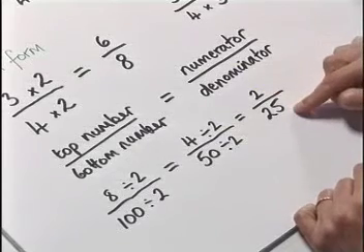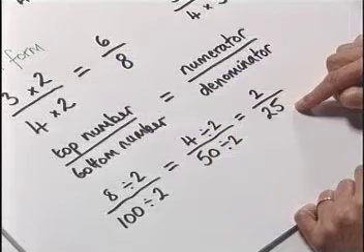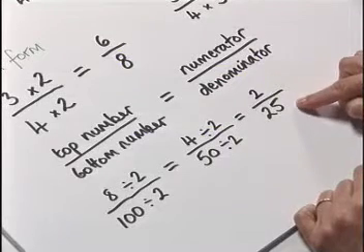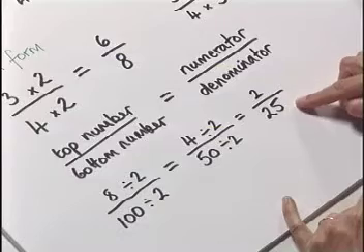Now, 2 doesn't go into 25, so therefore we've found the fraction in its lowest form. So 8/100ths, the lowest form, is 2/25ths. So when a fraction is in its lowest form, the only number that will go into both the numerator and the denominator is 1. Those numbers have no other common factor.